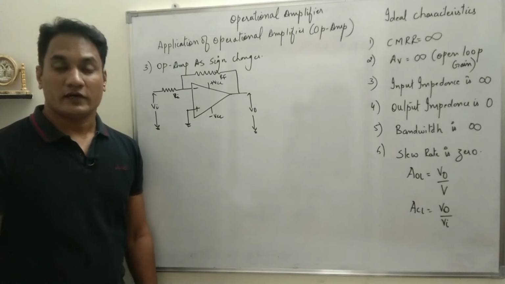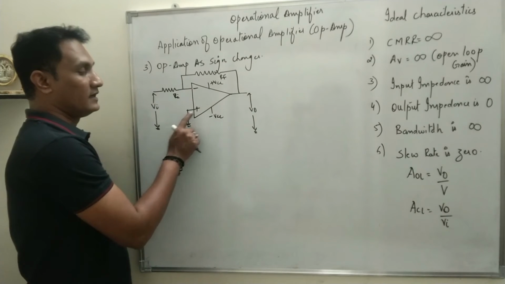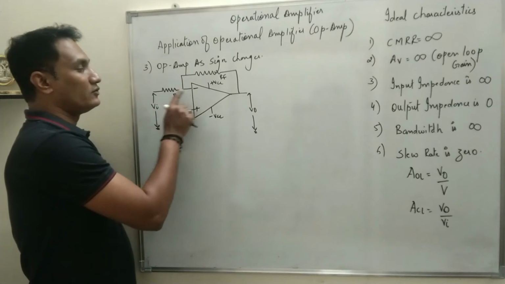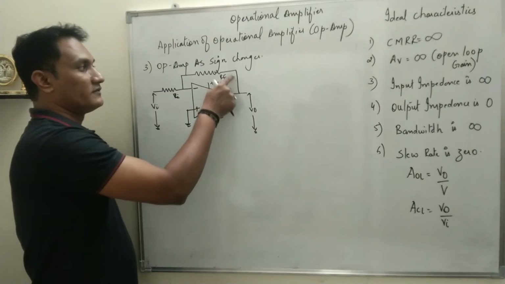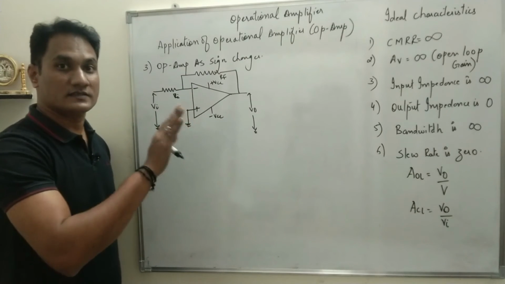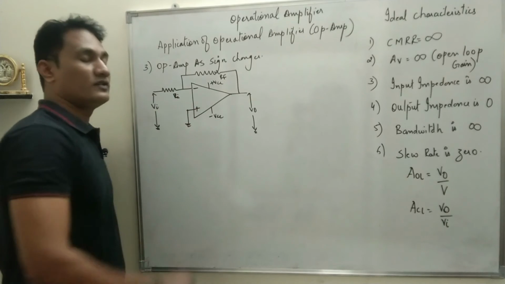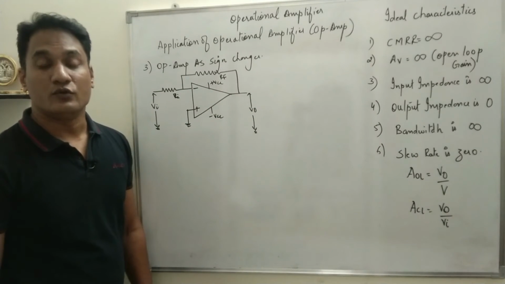So the first look of the circuit tells you what it does. Non-inverting terminal is grounded, input is applied to the inverting terminal, and of course there will be a feedback resistance. So when there is a feedback resistance, that means the circuit is going to be used as an amplifier, and as the input is applied to the inverting terminal, there will be a phase shift of 180 degrees between input and output.